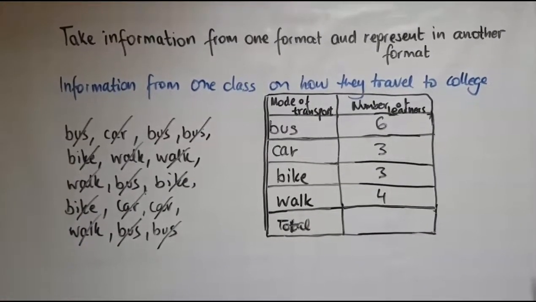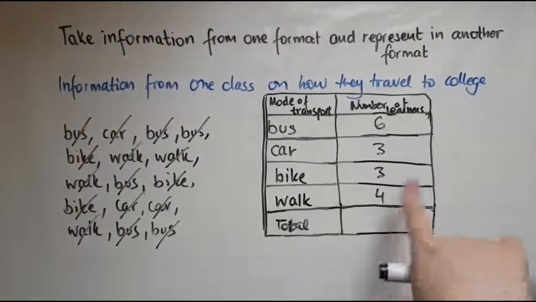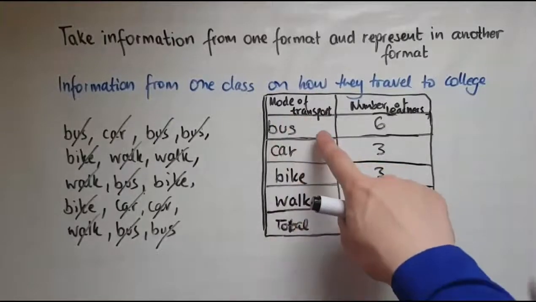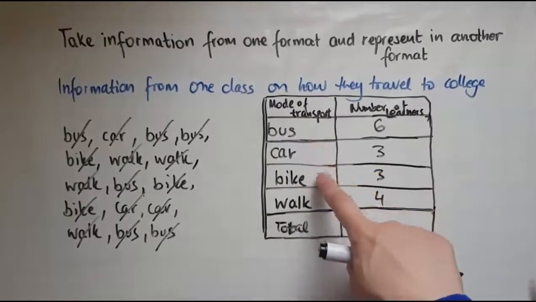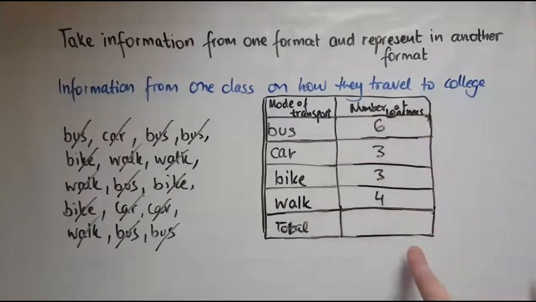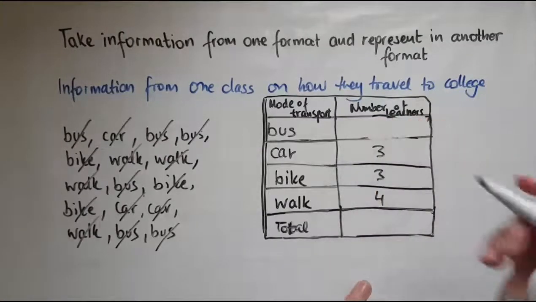Now I will show the same information in a tally chart. So I've got the table I created before with modes of transport, bus, car, bike, walk, and the number of learners in the other column. Now, tally chart, as the name suggests, you actually draw tallies or marks in there. So instead of this number 6, I'm going to have 6 marks.